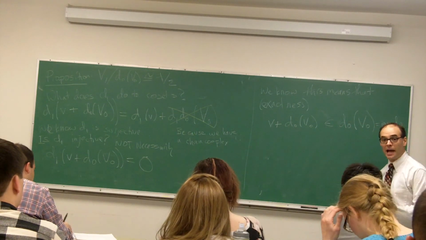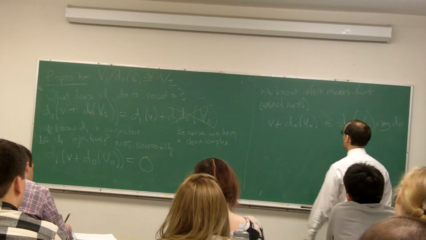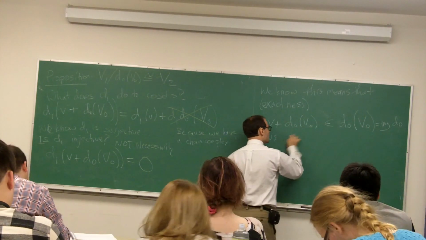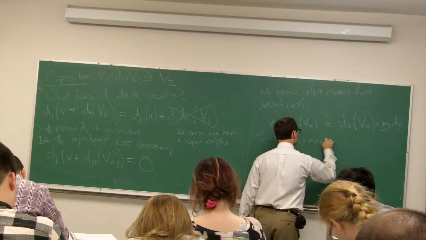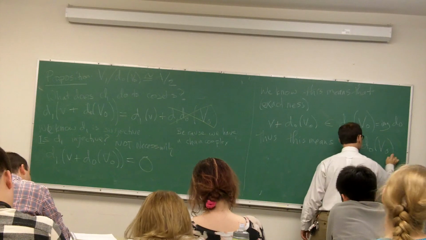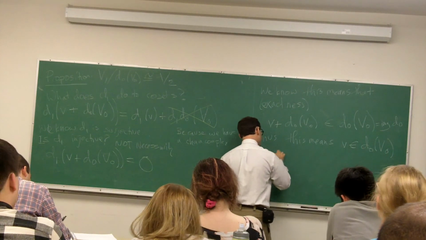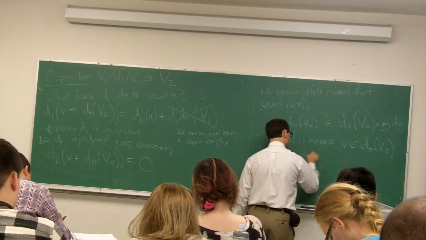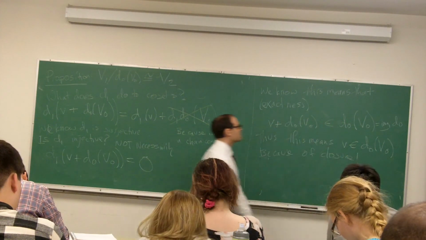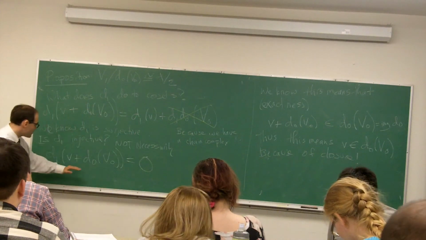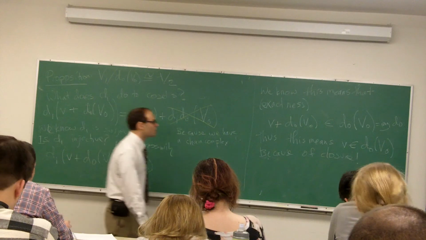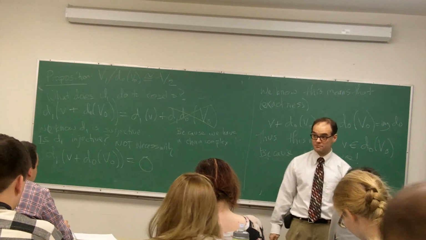Well, the image of a linear map is a vector space, so closed under addition. Thus V had to be in the image, because of closure. So that means that this V, if in fact we've got this thing mapping to 0, the only way this could happen is if V started out in D0 to begin with.